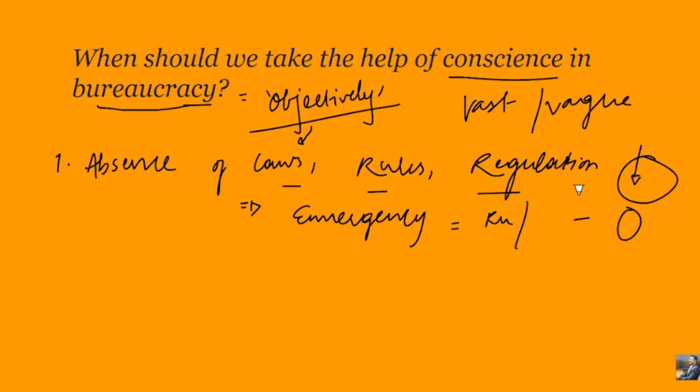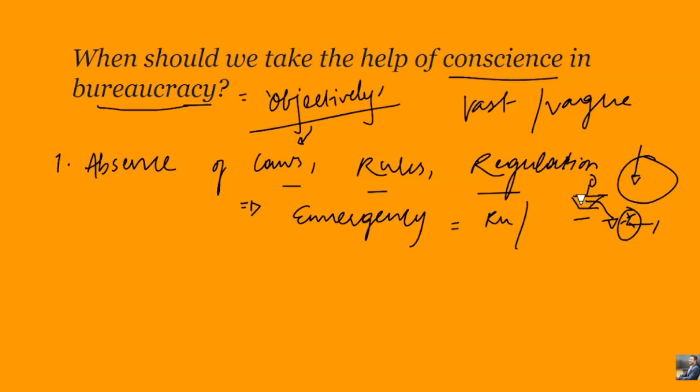You just see a boat lying idle, and your conscience supports your idea that the drowning people can be saved if this particular boat is used. And hence, without the permission of the owner, the individual takes the boat to save the lives of the drowning people, right? And hence he has to take the help of his conscience to decide.